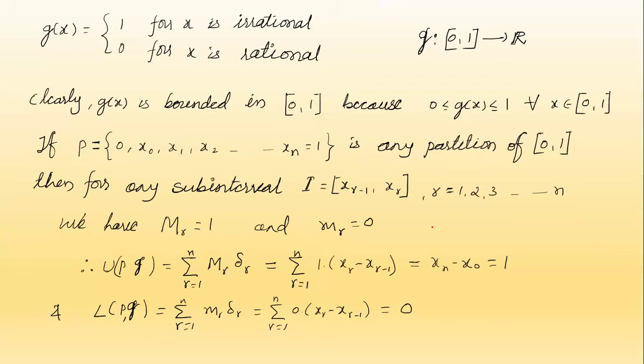Now, second one, g of x is given as 1 for x irrational, 0 for x rational, g from closed interval [0, 1] to R. Clearly, g of x is bounded, because g of x lies between 0 and 1 for all x belonging to closed interval [0, 1]. Let a partition P equal to {0 = x0, x1, x2, and so on, xn = 1} be any partition of closed interval [0, 1].